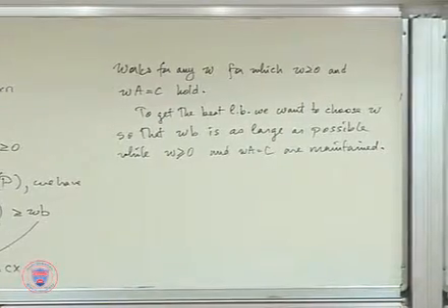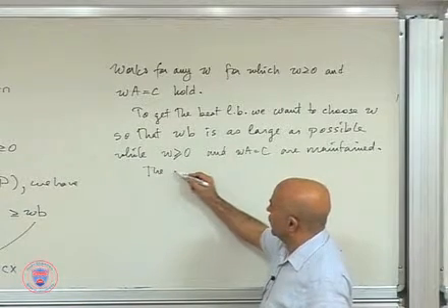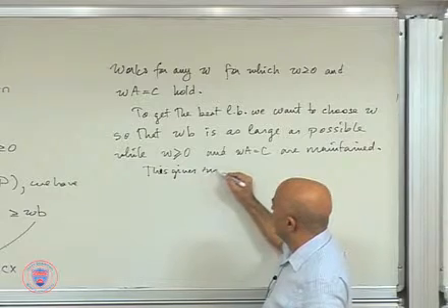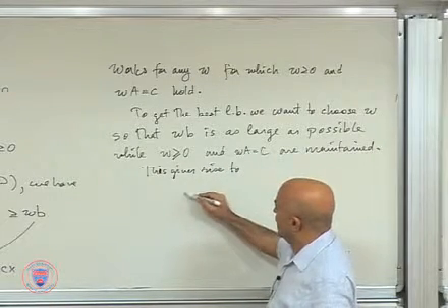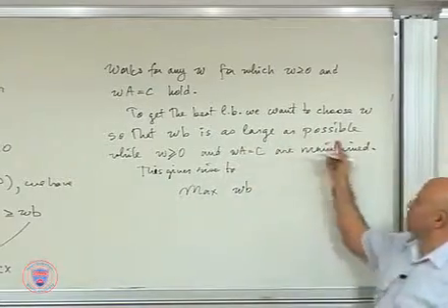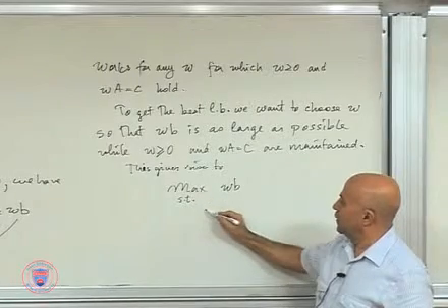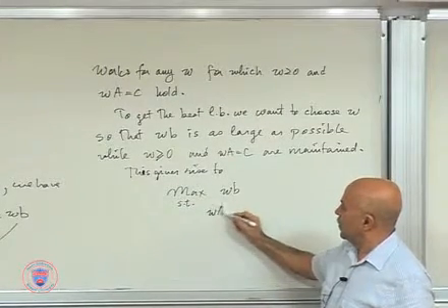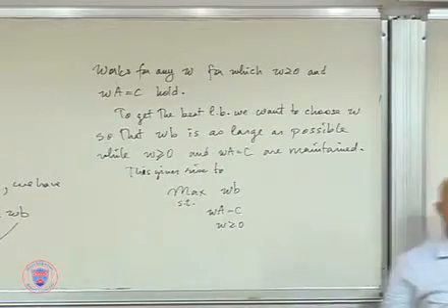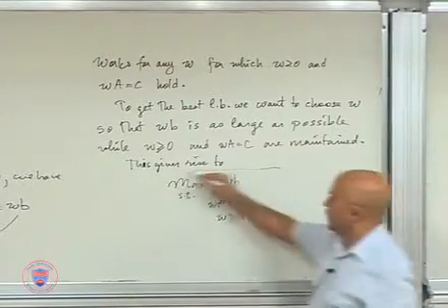Okay? So this gives rise to the following linear program. You want to maximize Wb, because you want to make it as large as possible, while maintaining the conditions WA equals C and W greater than or equal to 0. That's where the dual comes from.